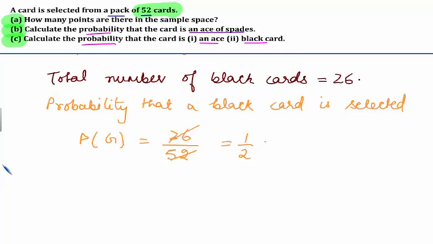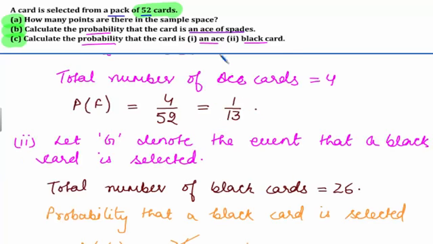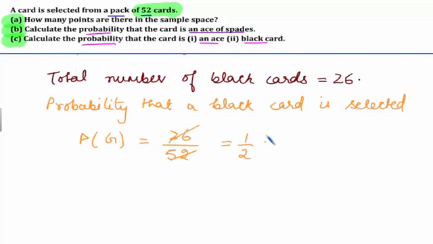Hence, the probability that an ace card is drawn is 1 upon 13 and that a black card is drawn is 1 upon 2. So, this completes the solution.